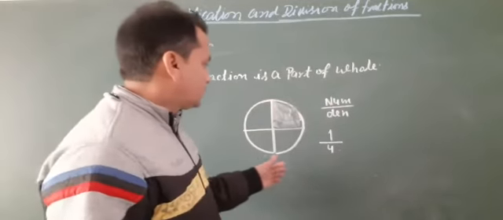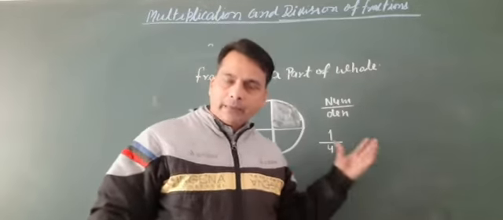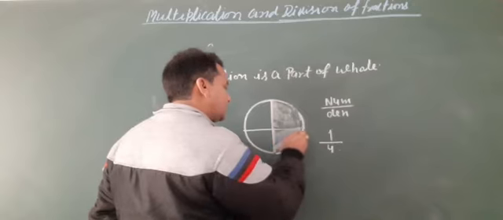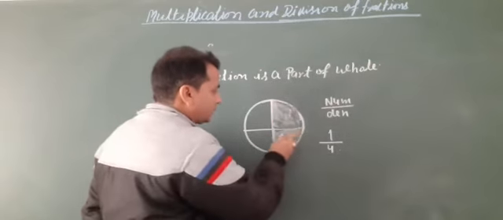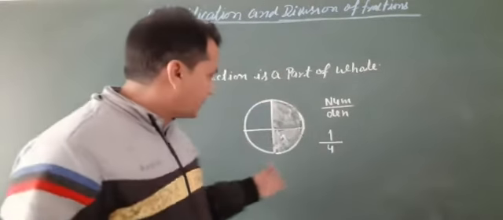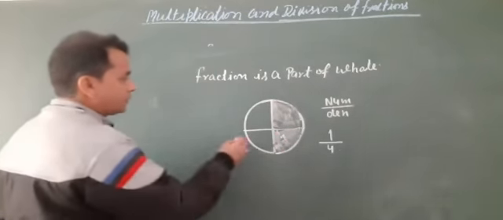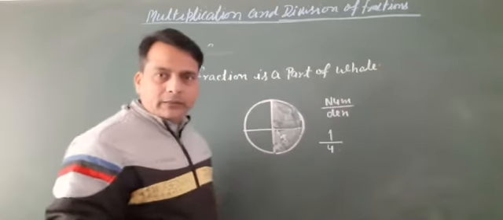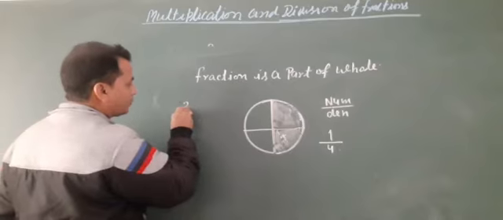Okay. Next, if another part is shaded, then write the fraction for the shaded part in the circle. The shaded part in terms of fraction is 2 by 4.